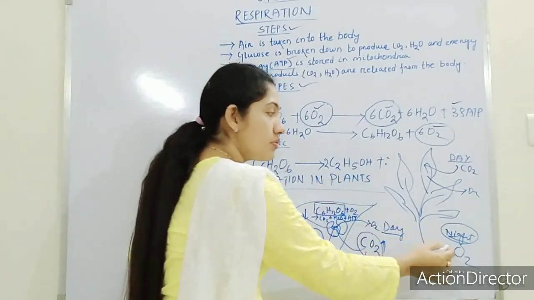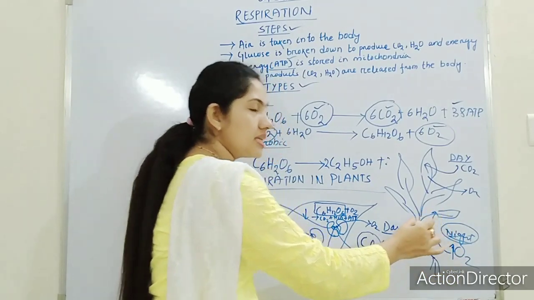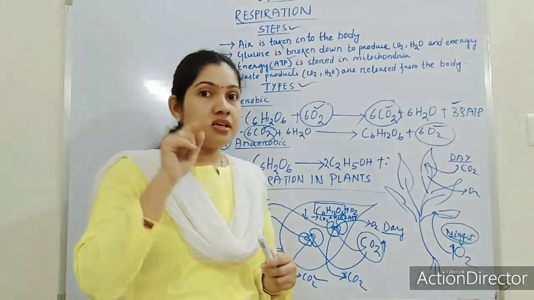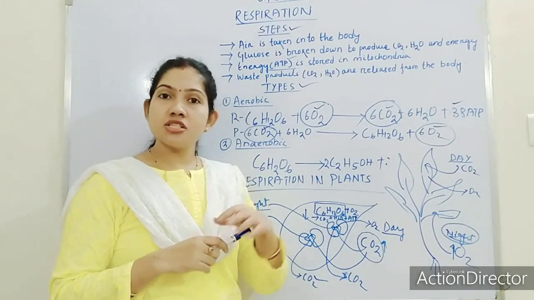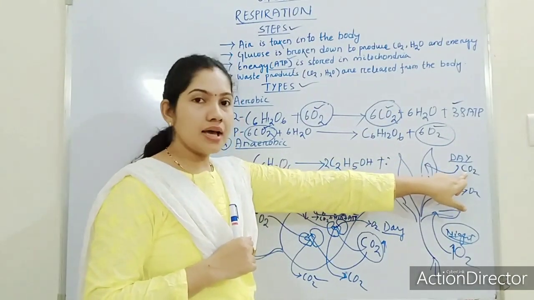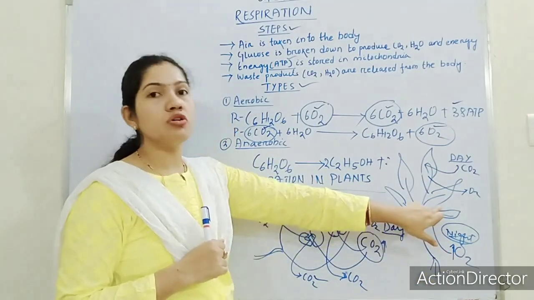That's why from the higher concentration, oxygen will move inside the plant. Here again I am defining diffusion. What is diffusion? Movement of substances from higher concentration to lower concentration. At night also, from higher concentration to lower concentration.